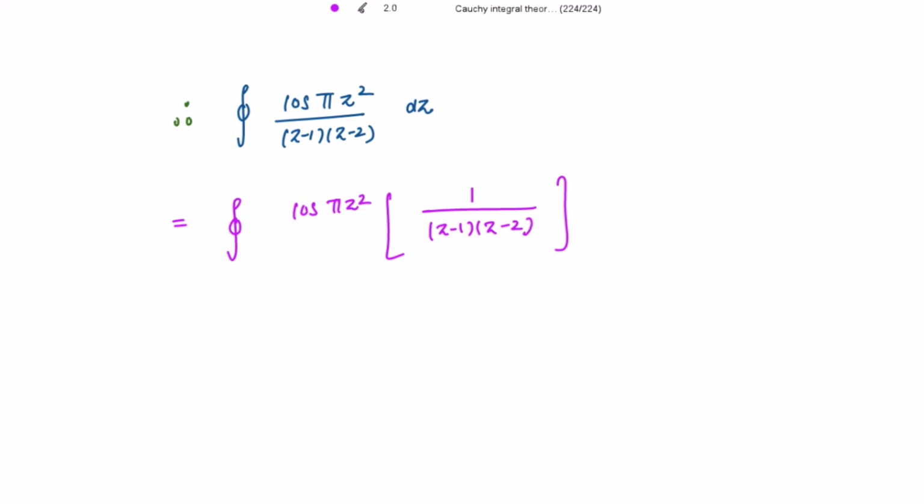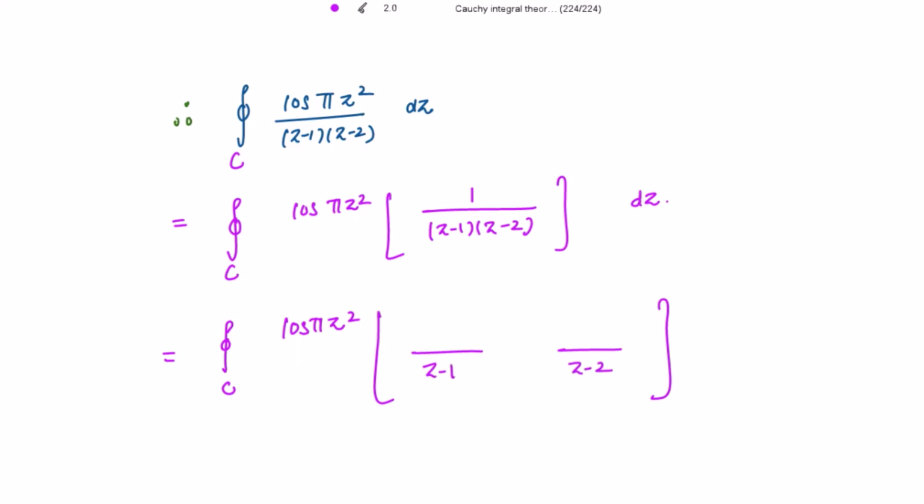We have to make the partial fractions for this, writing here dz. This is over the circle C. Okay, let's make the partial fractions for this. Just write here z - 1, here z - 2.